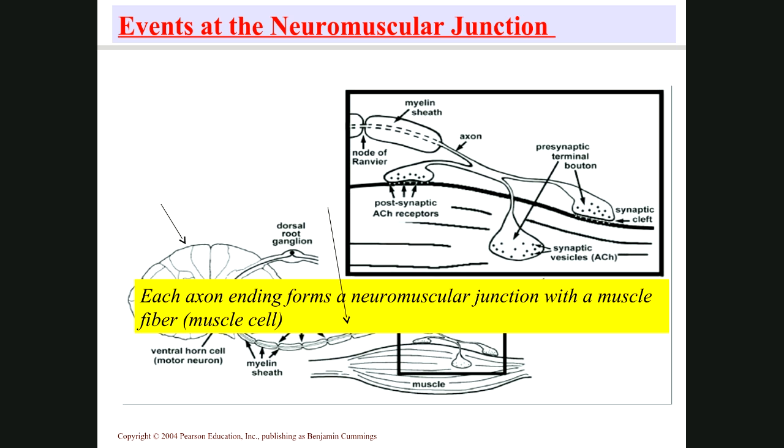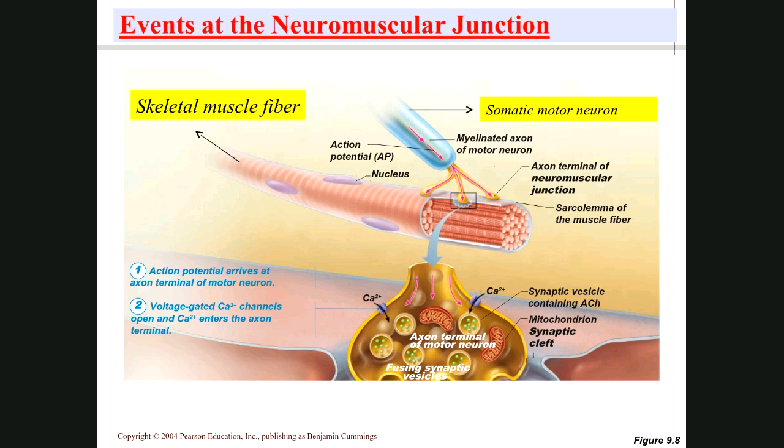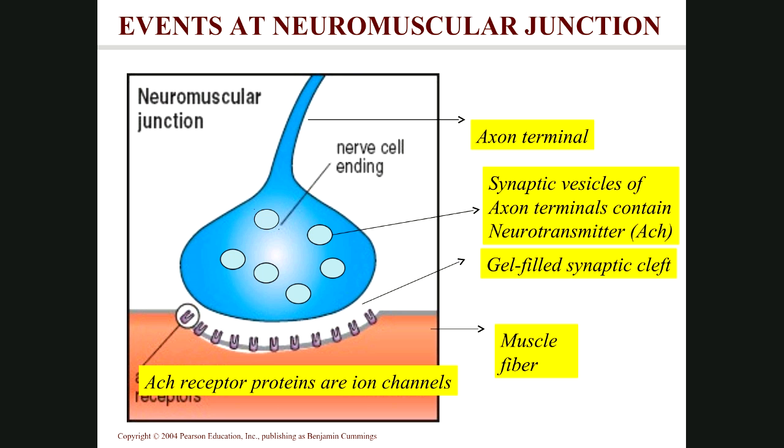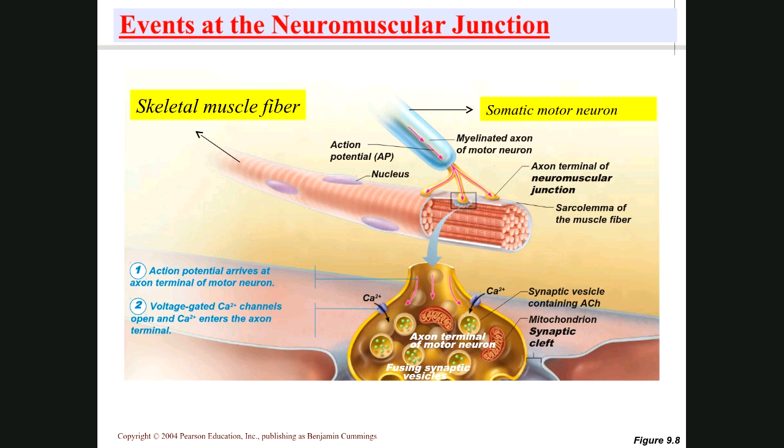Okay, so this neuron and the skeletal muscle cell come together at the neuromuscular junction. So here's a depiction of where they come together. All right, the end of the neuron right here, and then at the very end, the neuron kind of branches.